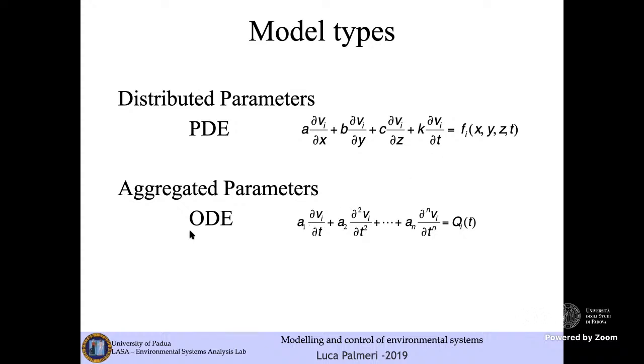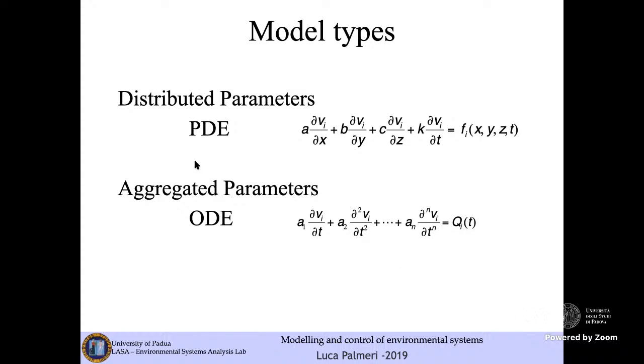While in the case of aggregated parameters, in which we employ a simplified description, we typically employ what are called ordinary differential equations. In this case, you may have, for example, derivatives of first, second, fourth, and nth order of the state variables that are combined in order to build the mathematical description in terms of a system of differential equations.